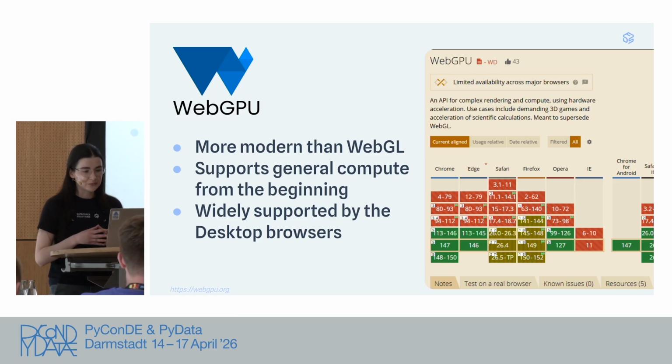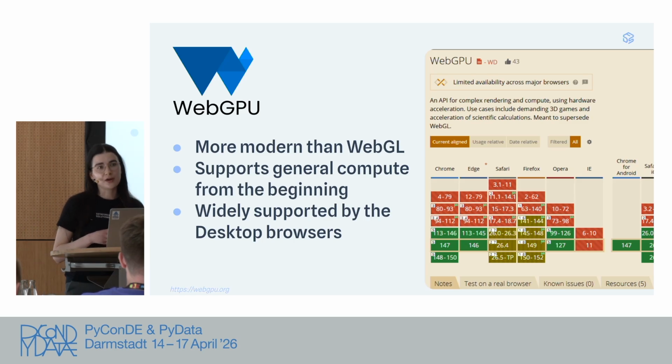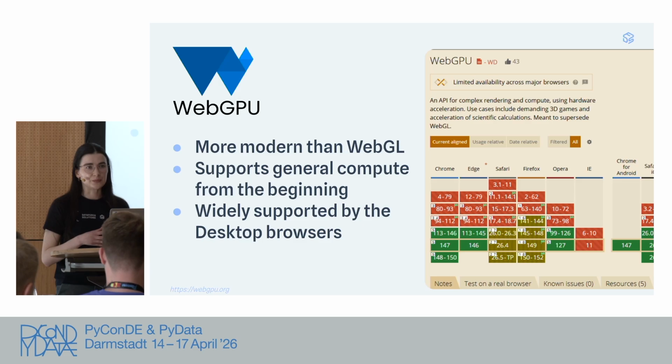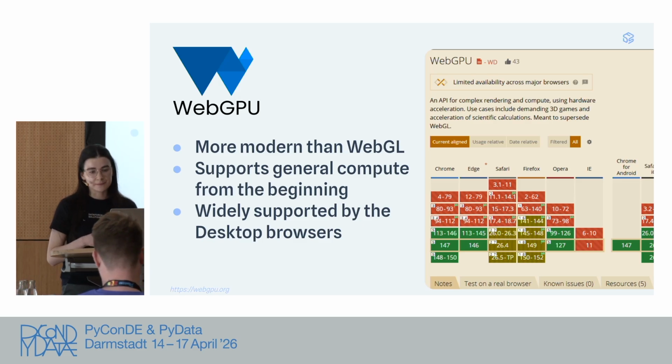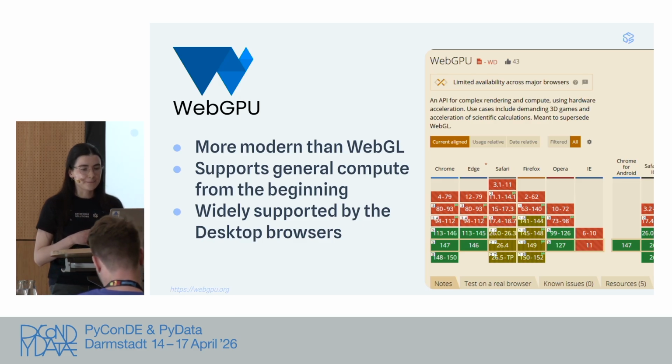While the second statement is mostly true, WebGL is not the only way anymore, as there is also WebGPU, which is much more modern and was designed with supporting general compute in mind from the beginning. It's also widely supported by the desktop browsers, and the support on mobile is also steadily growing.